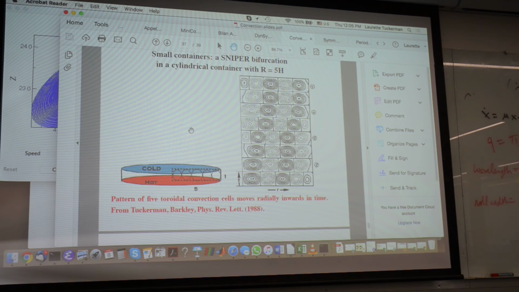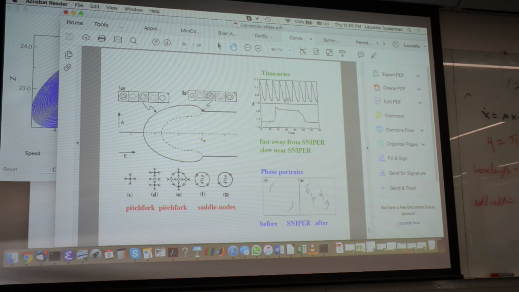And if you plot a time series of what's happening, you see that its period is extremely variable. Here it's kind of regular, but here you see it's spending all of its time here, or all of its time here.